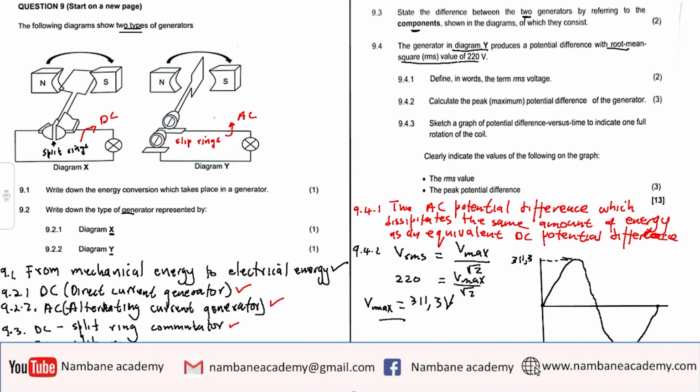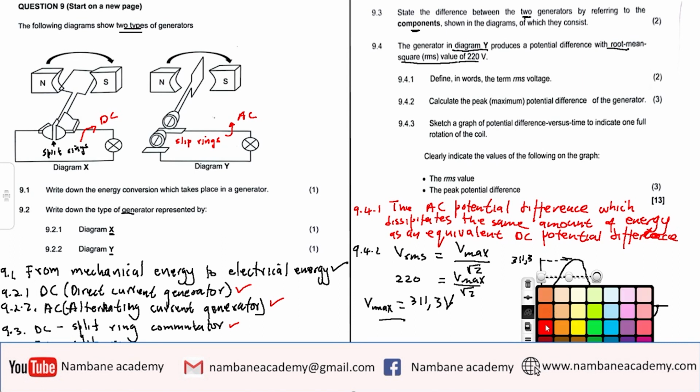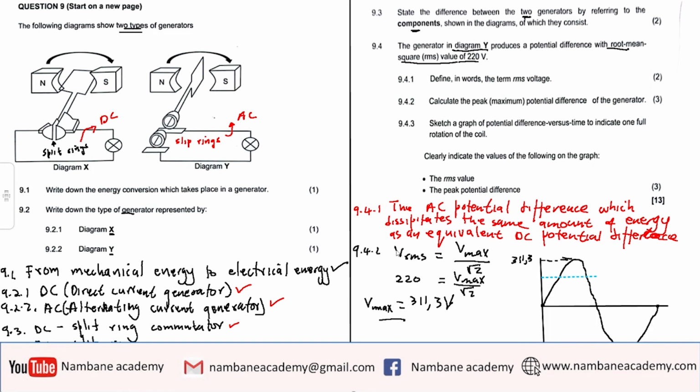Remember, RMS is just now about 0.707 of what we have, and then this will be 220. That will be now our RMS value, and we just now say this is time, and this is now the potential difference.